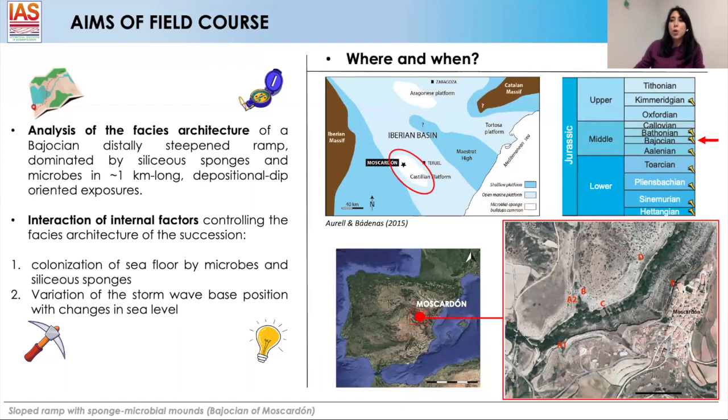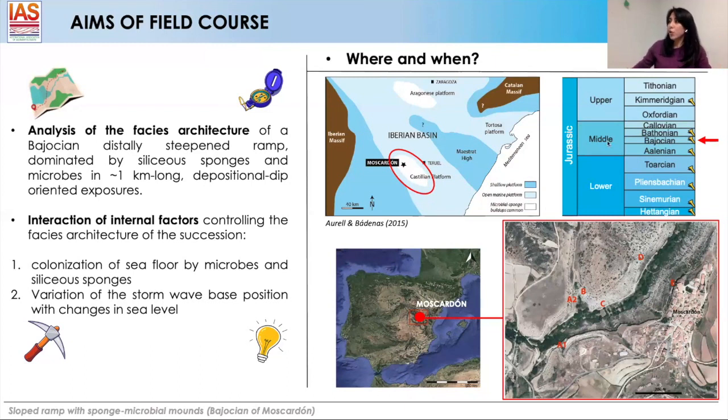What we saw was the interaction between internal factors controlling the facies architecture of this kind of succession: the colonization of the seafloor by microbes and siliceous sponges, and the variation of the storm wave base position with the changing of sea level.